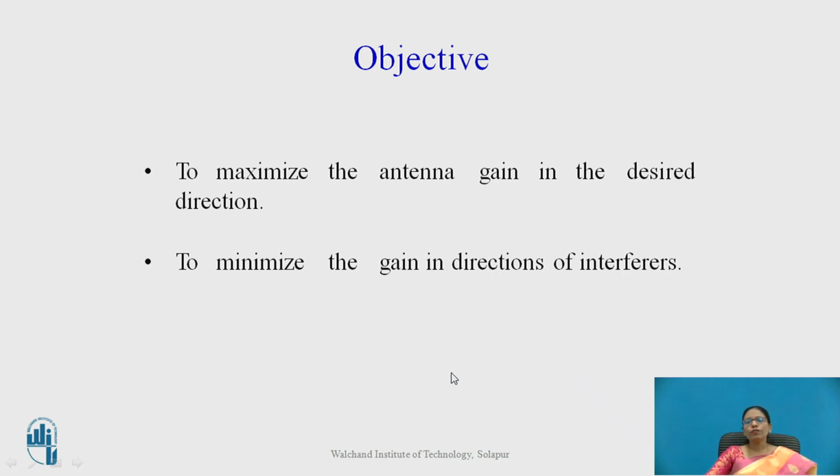What is the objective of the smart antenna? The objective is to maximize the gain in the desired direction, and another objective is to minimize the gain in the direction of interference. So, in the direction of interference, we want to nullify, we want the null, the minimum radiation, whereas in the direction of maximum gain, the direction where the actual target is, in that direction I want the maximum gain.